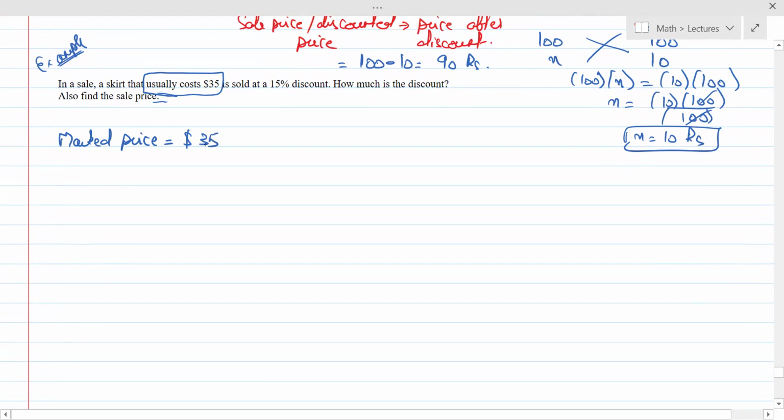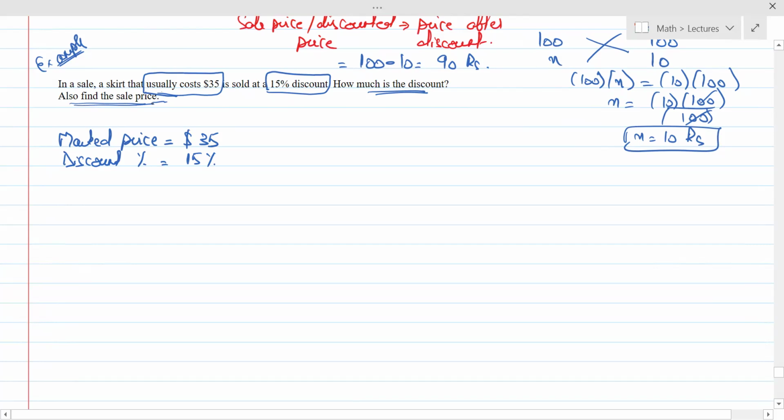It is sold at 15% discount. So we have the discount percent as 15%. In the first part, we have to find how much is the discount. In the second part, we also have to find the sale price.